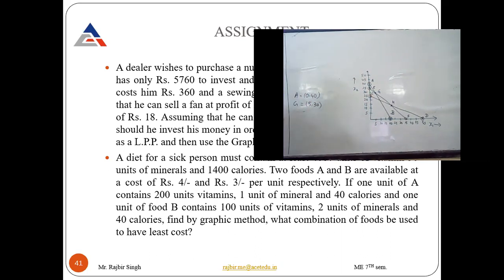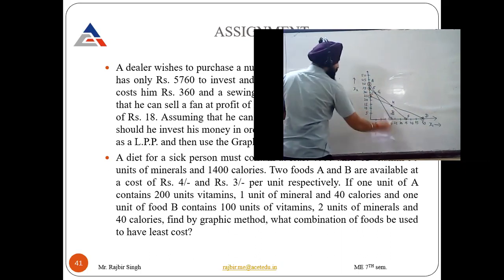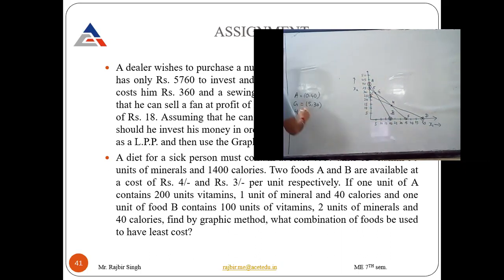The coordinates of point H are 20, 15, and the coordinates of point D are 50, 0. So these are the coordinates of points A, G, H, and D.